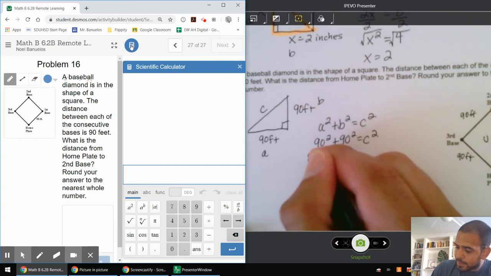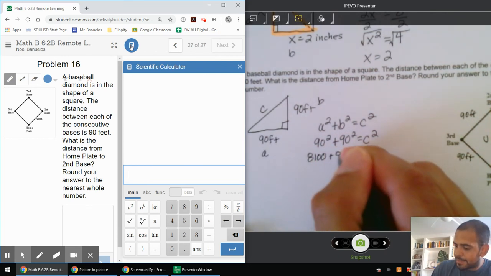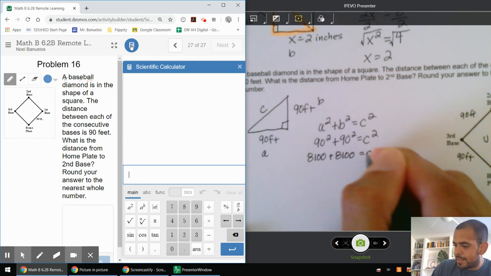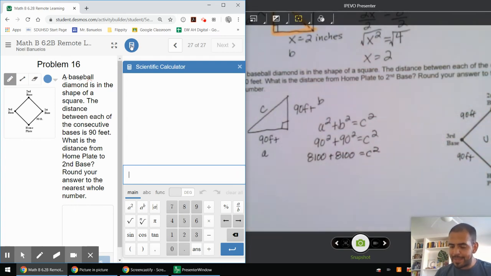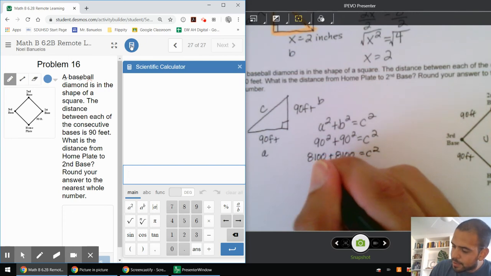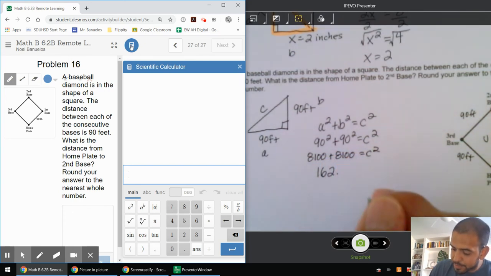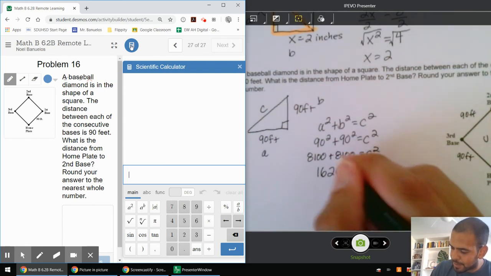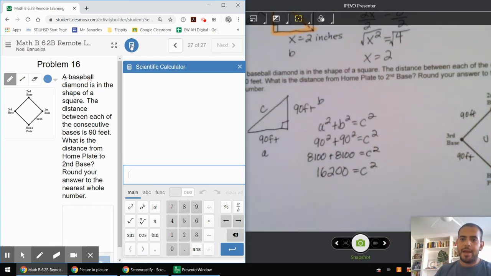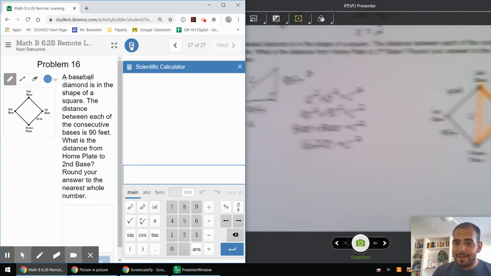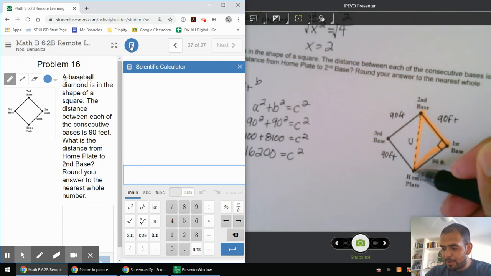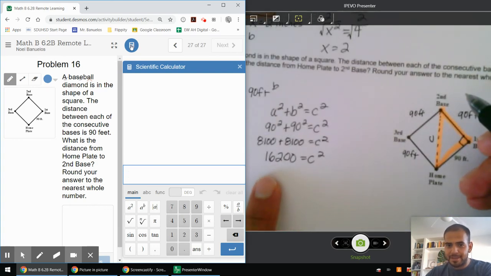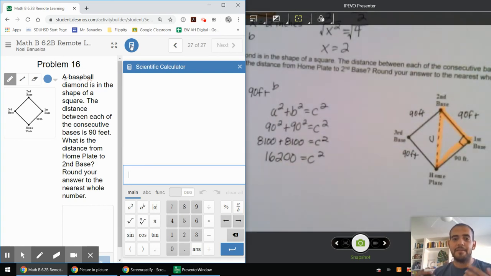So 8,100 plus 8,100 equals C squared. 8,100 plus 8,100 is 16,200. I know, I'm a broken record. That does not mean that the distance from home to second is 16,200 feet. We still have to figure out the distance.